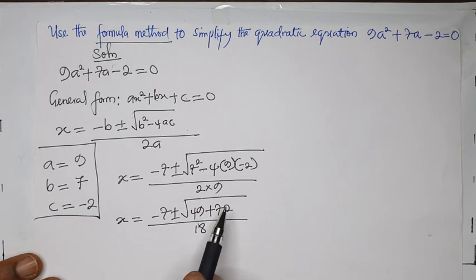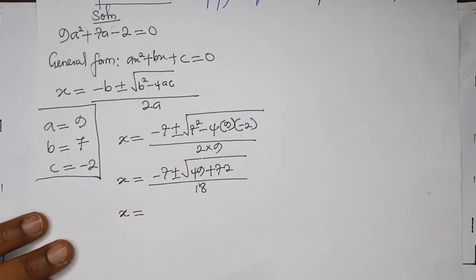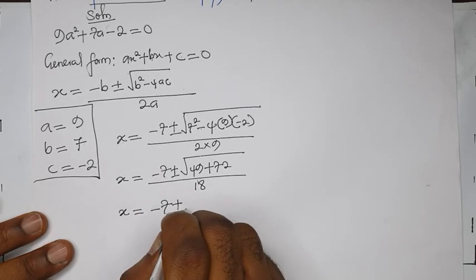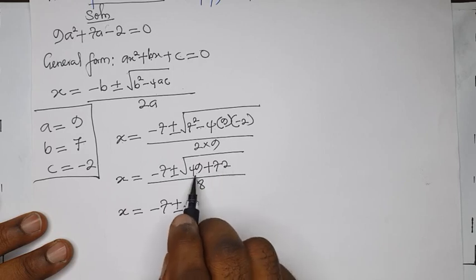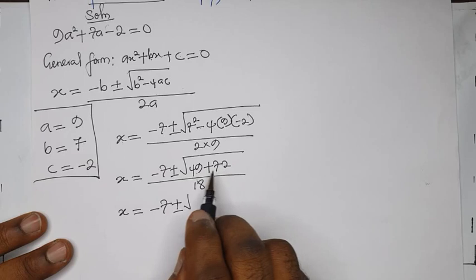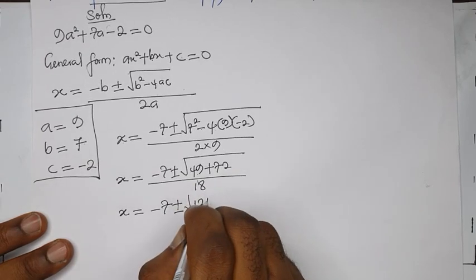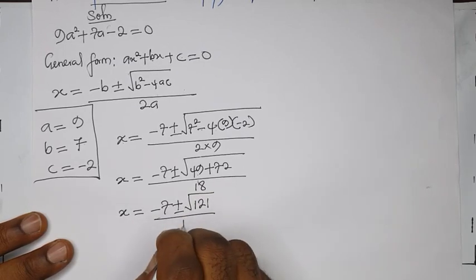All right, it's time to simplify what you have inside the square root. So go a little further. X now is equal to -7 outside plus or minus the square root of 49 add 72, which is the same thing as 50 add 70 is 120, so altogether we have 121. 121 in the square root, divide it all by 18.